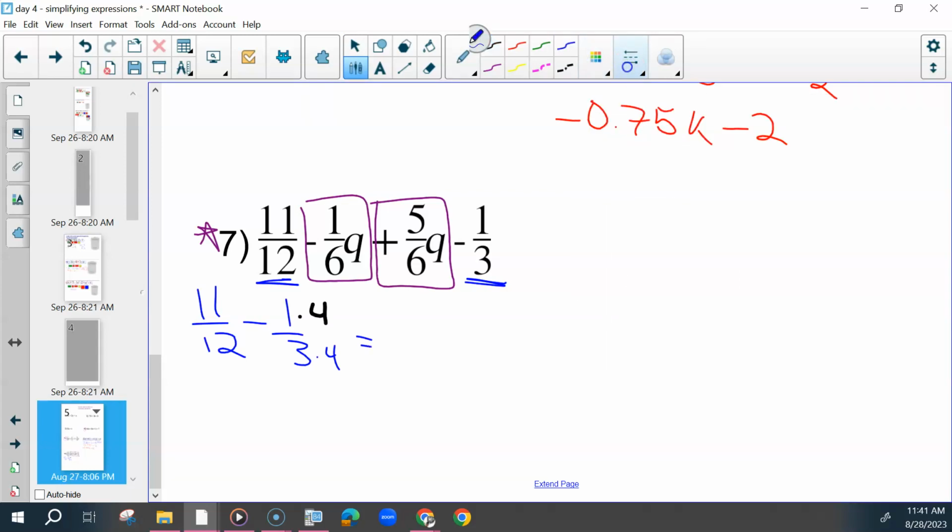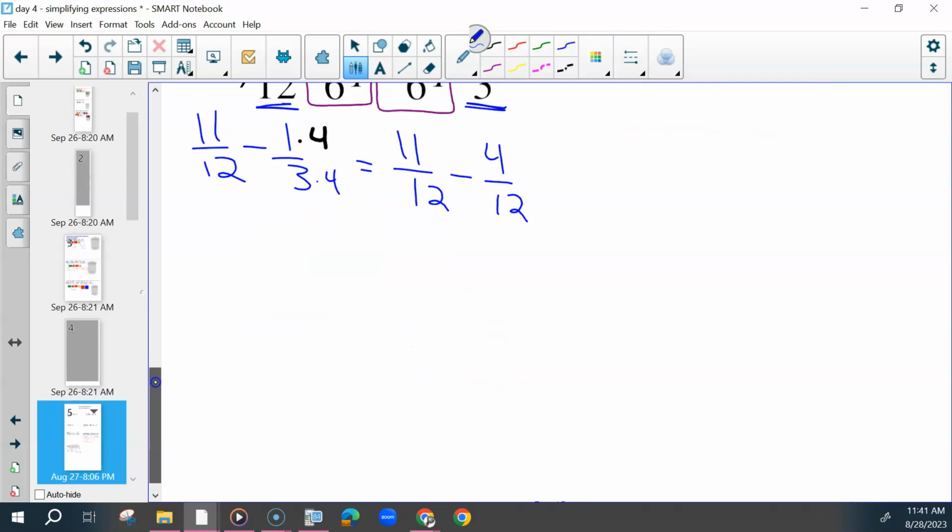So this would become 11 over 12 minus 4 over 12. And then you're just subtracting your numerators, keeping your denominators the same. So what was 7 over 12?